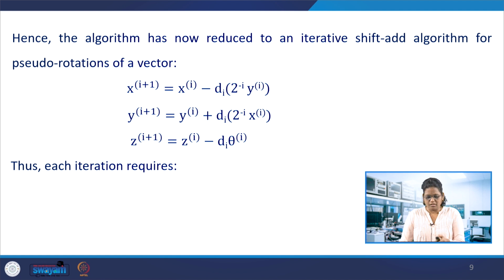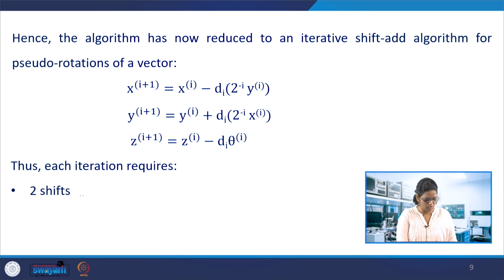These three equations are required if you want to program it, and it has two shifts, 2 power minus I in each. Depending on that, it is 1, then 0.5, 0.25, 0.125, that is 1 by 2, 1 by 4, 1 by 8 and so on.